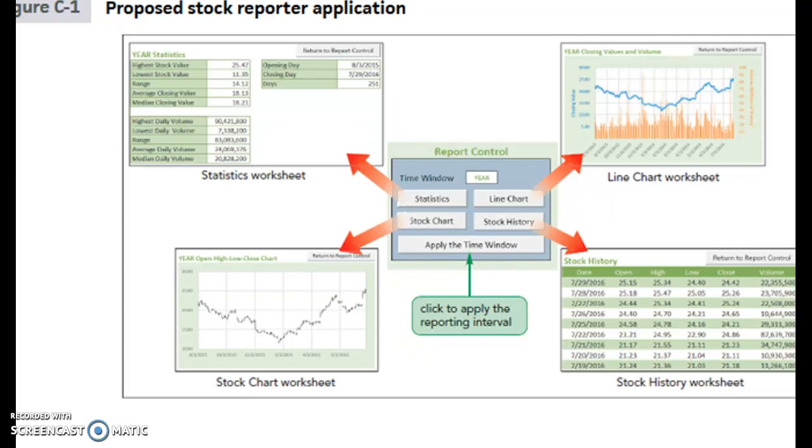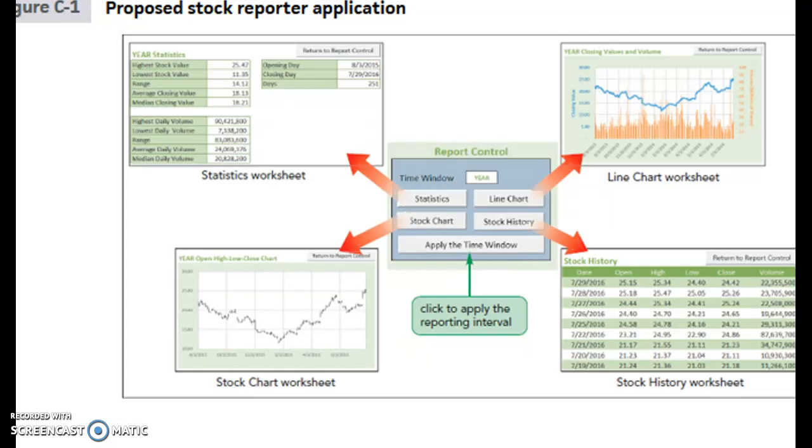So you can see the 4 different charts, the other sheets on this PowerPoint slide. Up in the upper left-hand corner, the summary statistics chart is for the price of stocks and the volume of shares traded over the past year. The line chart, this one over here, shows closing values and volumes of shares traded over the past year.